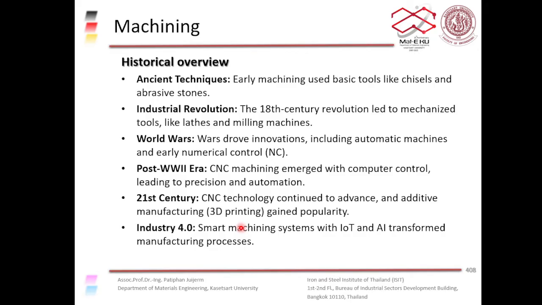And to a modern era in the 21st century, the CNC technology continued to advance, and we started to get like multiple axis CNC machine, CNC milling, etc. And in the last 10 years, we started to get 3D printing.